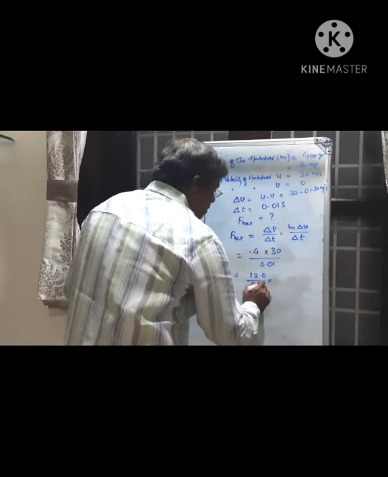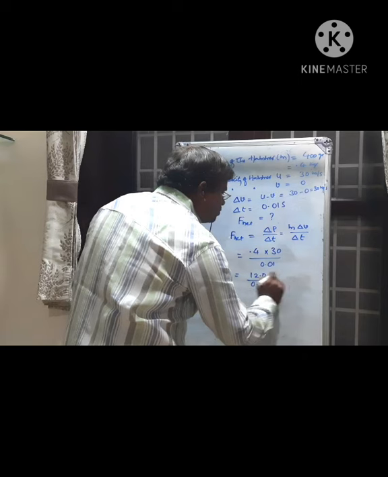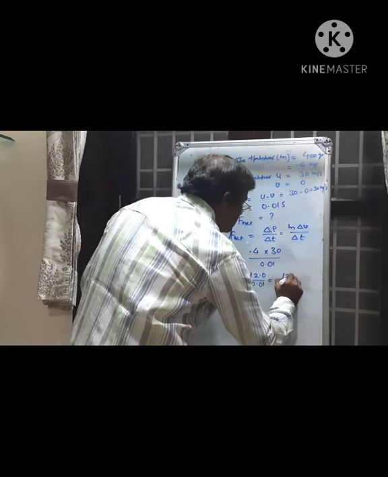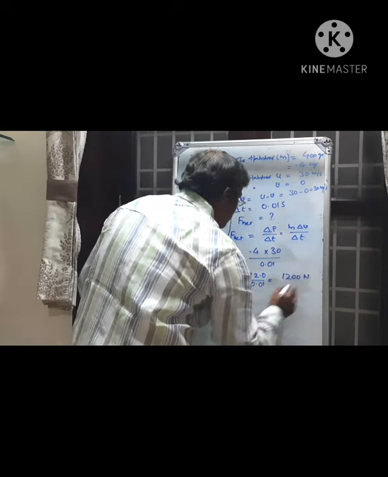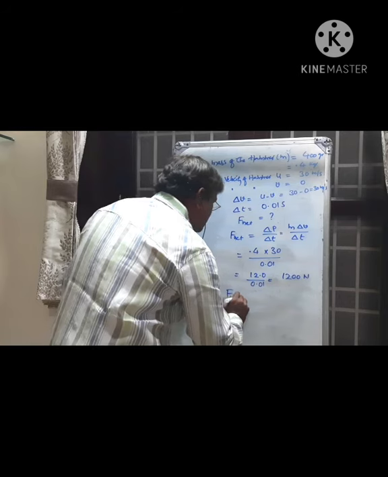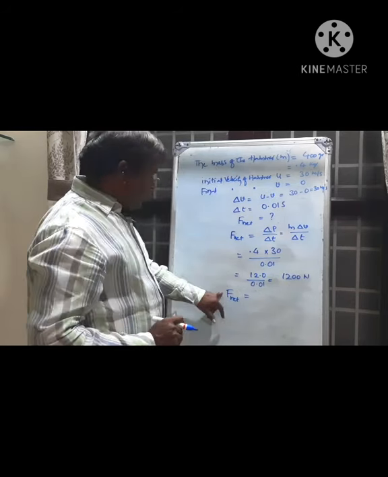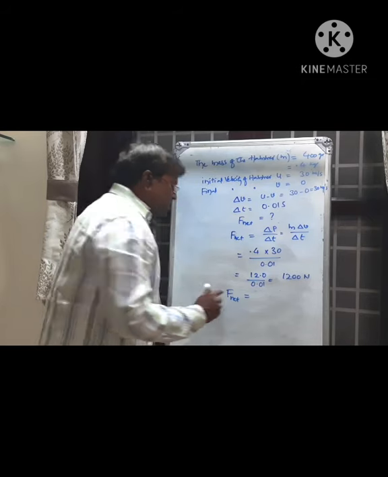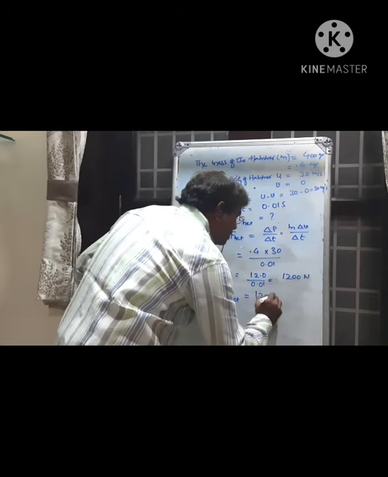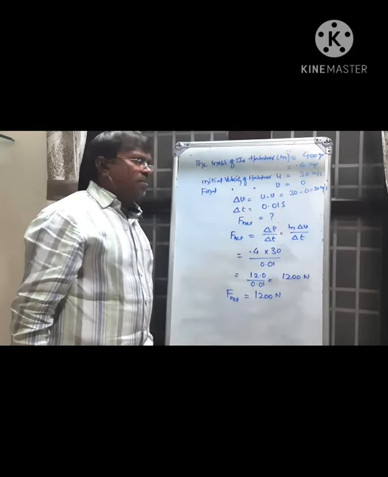Then two decimals we have to increase, then we'll get 1200 newtons. So in this case, the nail requires the force of 1200 newtons to stop the hammer.